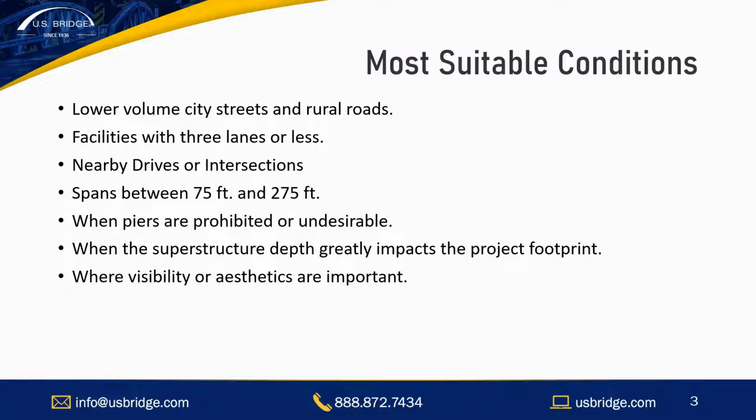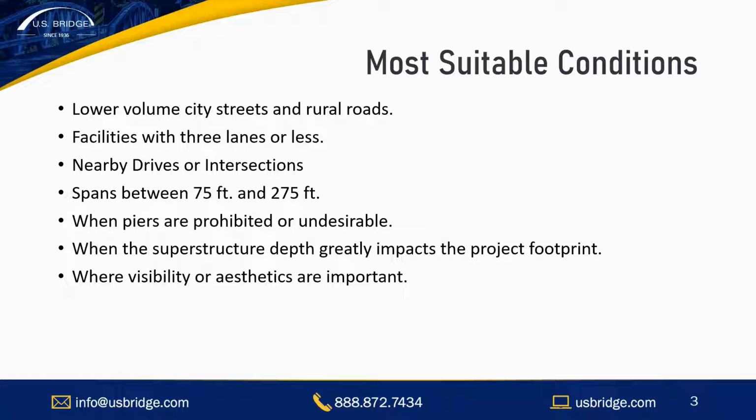That's going to be a condition that we look for. Facilities with 3 lanes or less, nearby driveways and intersections also are cause for interest for truss bridges. We're generally looking for short span steel bridges. They're going to be between 75 and 275 feet in span length.